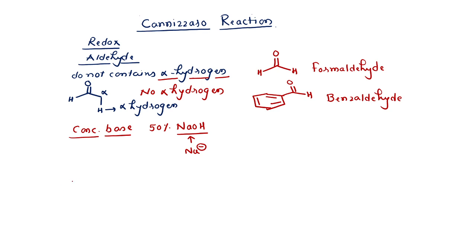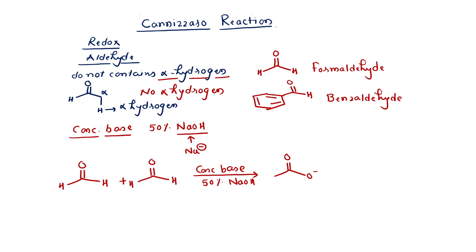Now what is going to happen if you take an aldehyde which does not contain alpha hydrogen, take a similar aldehyde, and carry out this reaction in the presence of concentrated NaOH or concentrated base? One molecule will undergo oxidation.